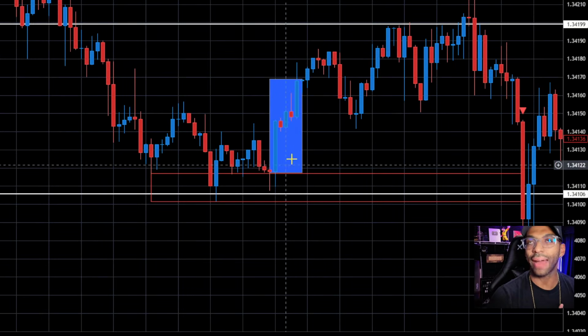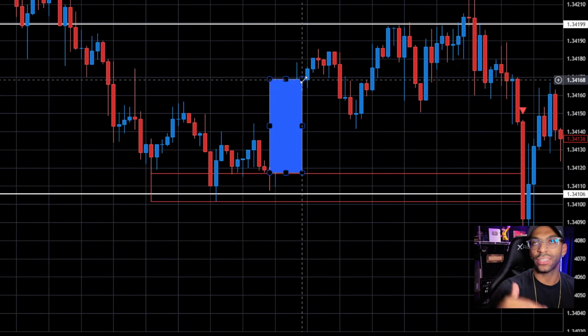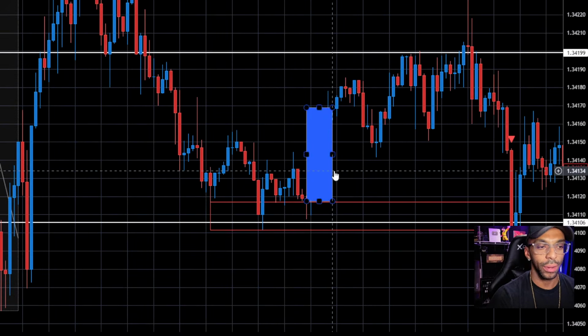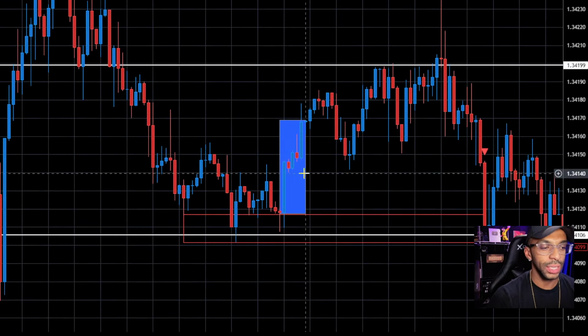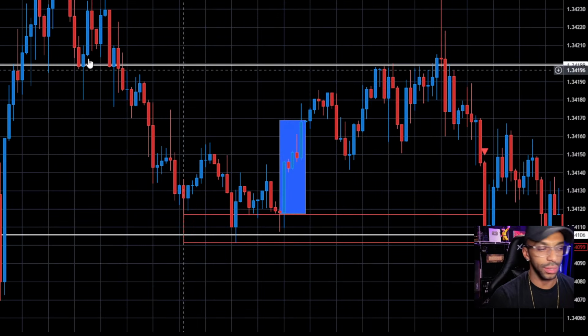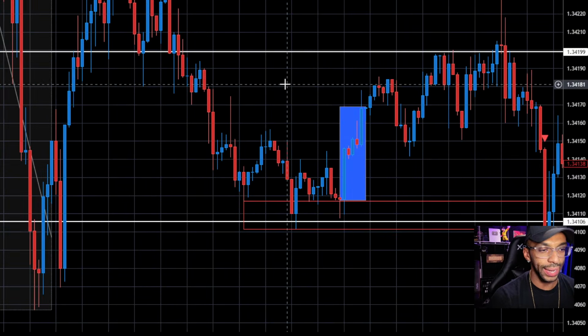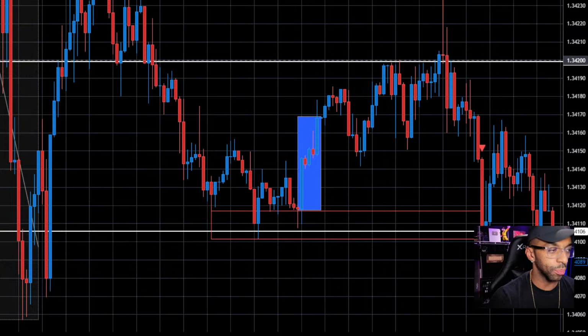So this is one big engulfing candle, okay? I personally, after seeing something like this, would not enter for a buy. I wouldn't jump into the markets for a buy right here. The reason being is, typically, when you get a candle this big, the candle completes the entire move.